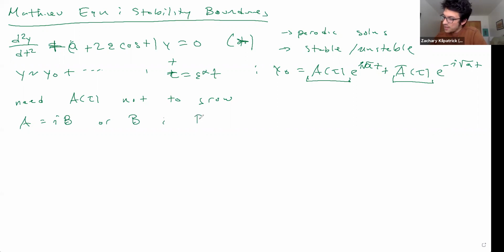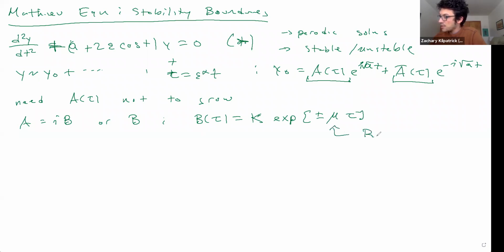And then we expect that B of tau is going to be some constant times an exponential plus or minus some Floquet multiplier mu times tau, okay?